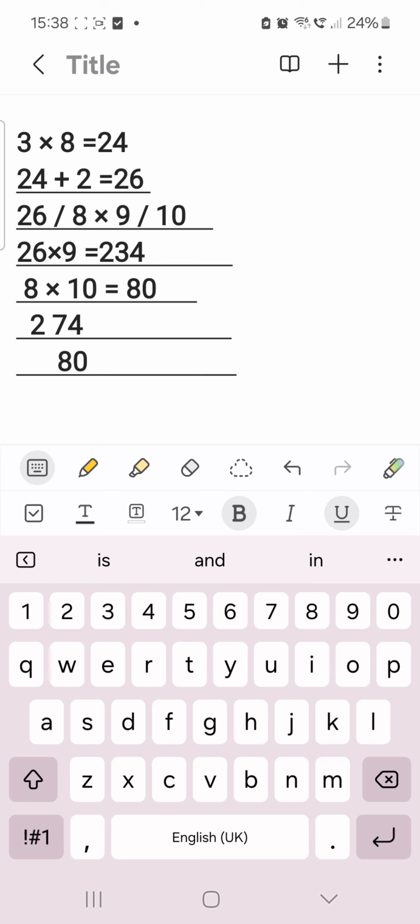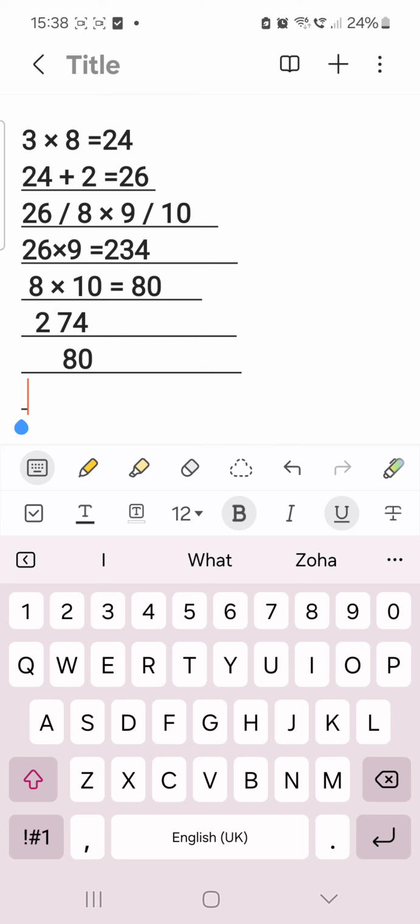What times table do you think 74 and 80 is in? Think. It is in the 2 times table. Yes, it is. So now what we have to do is divide it.